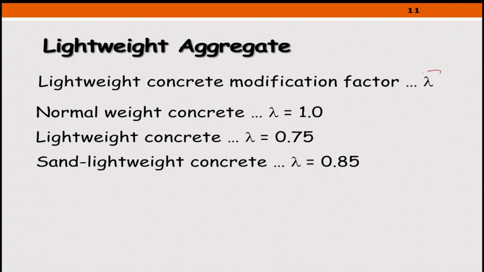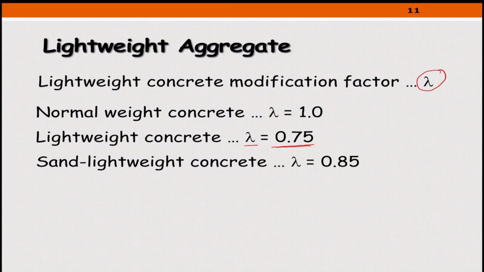The effect of lightweight concrete, lambda. Intuitively, when we think of lightweight concrete, it has less contact with the reinforcement than denser concrete or normal weight concrete. For that reason, when we have lightweight concrete, which means essentially utilizing lightweight aggregate, then we use lambda equal to 0.75.